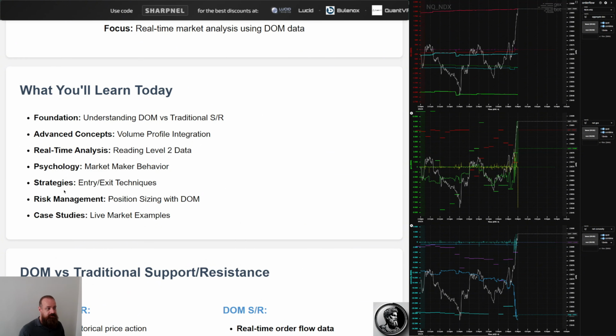I'm also going to talk about entry and exit strategies, and the most important one I think is risk management, so position sizing with the DOM. If you see a very good setup, and that is with confluence on other DOM charts as well, then you can size up.